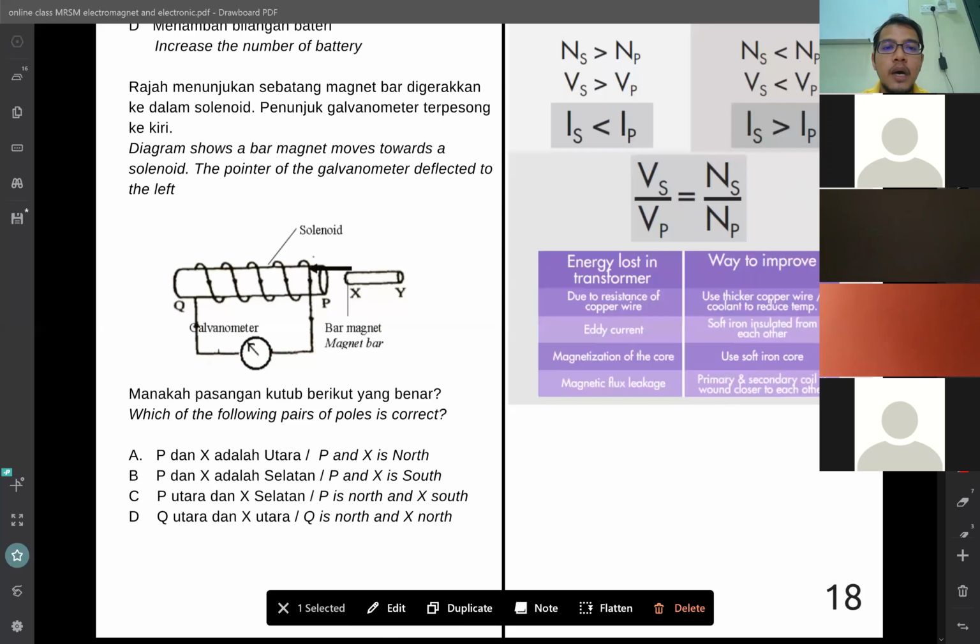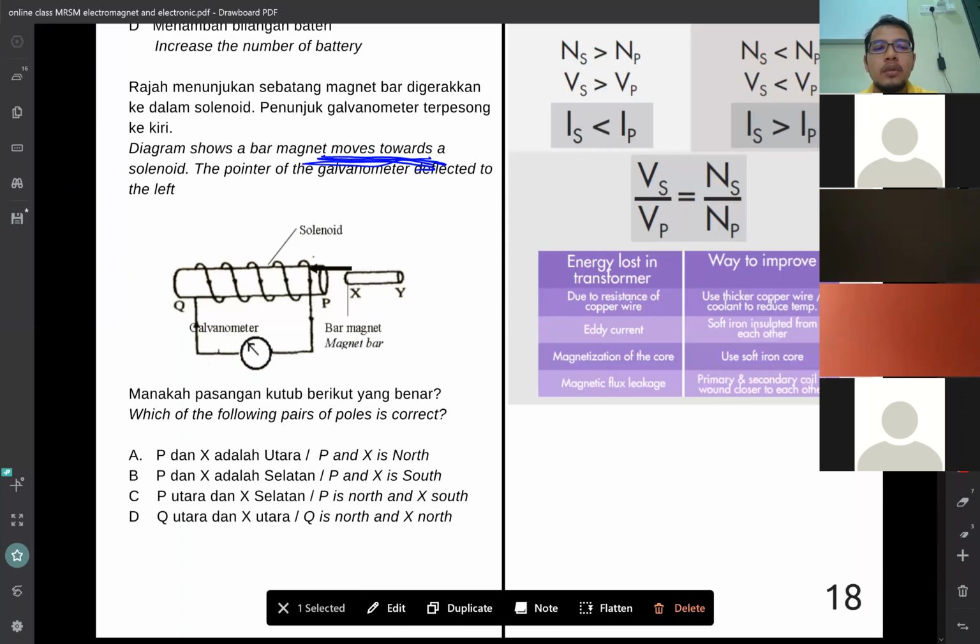The diagram shows a bar magnet moving towards the solenoid, not moving away. The pointer of the galvanometer is deflected to the left. Which of the following pairs of poles is correct?